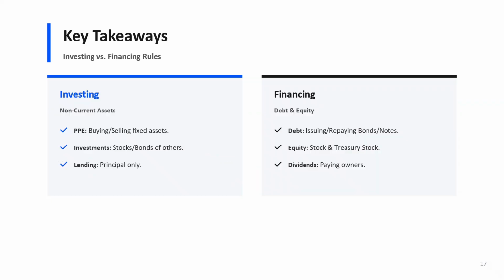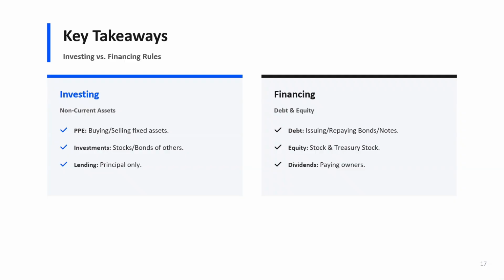Let's recap the critical differences between investing and financing activities. For investing, think non-current assets: buying or selling property, plant and equipment, or investing in other companies' stocks and bonds. Lending money is also an investing activity, but only on the principal amount. On the financing side, we are looking at debt and equity.